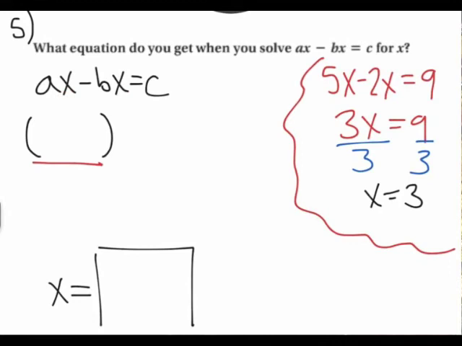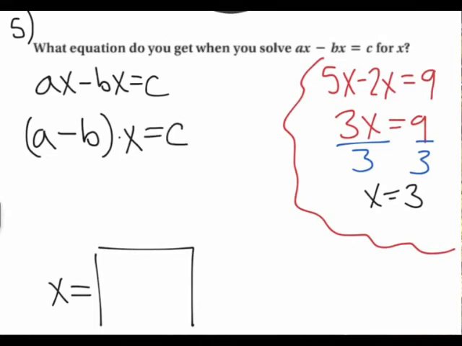So let's say there was an x out here. What would be inside the parentheses? Well, a minus b. Do you see that? If we were to distribute the x back into the parentheses, we would get a times x minus b times x, which is what we started with. Now this is going to be equal to c.